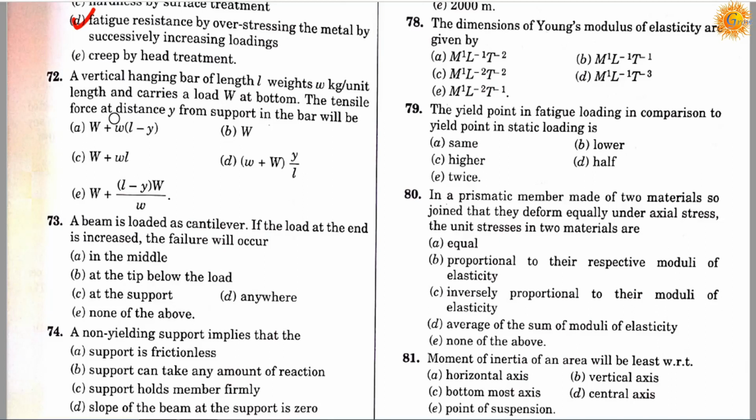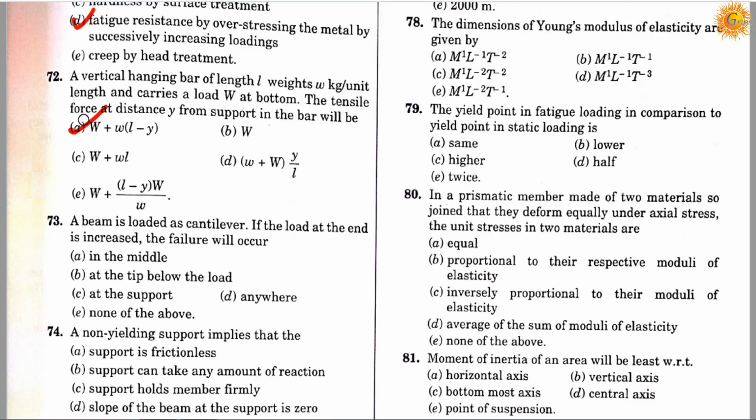The tensile force at distance Y from support in the bar will be: option A, capital W plus w into (L minus Y); option B, capital W; option C, capital W plus wL; option D, W plus capital W into Y upon L; and option E, capital W plus (L minus Y) into capital W divided by small w. Correct answer is A, it's capital W plus w (L minus Y).